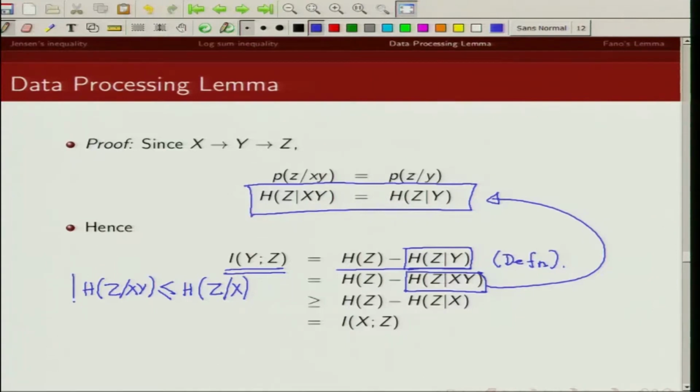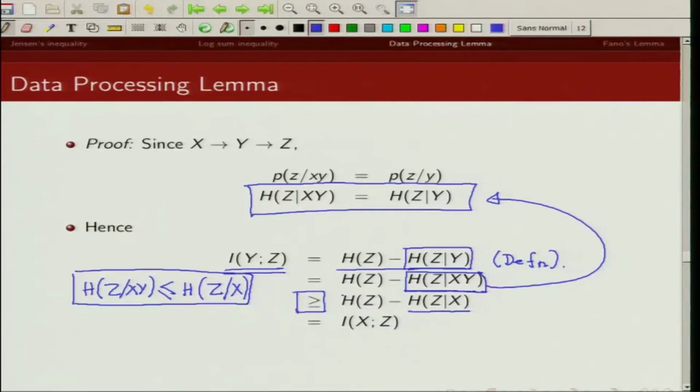So if I use this relationship and replace uncertainty in z given xy by a larger term h of z given x, what I get here is a greater than or equal to sign, and I am replacing this by h of z given x.